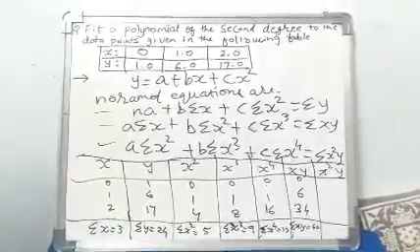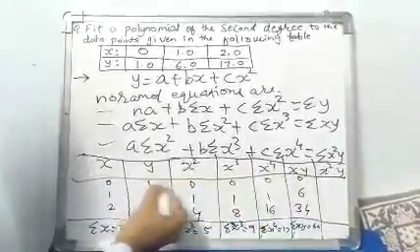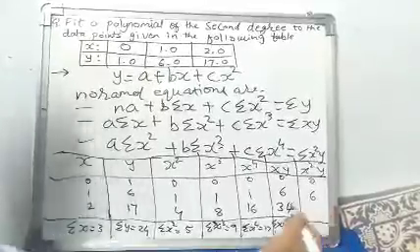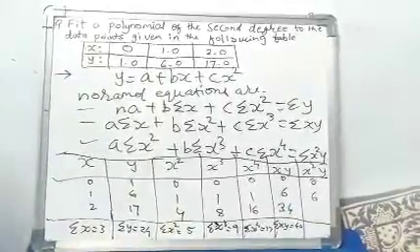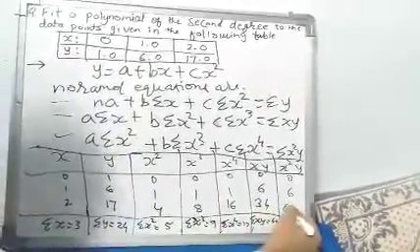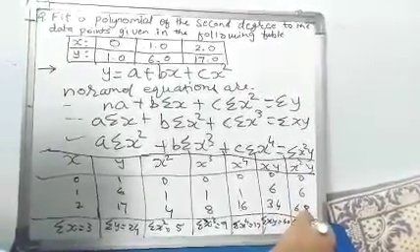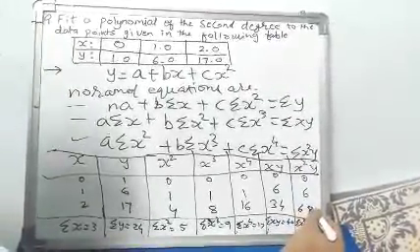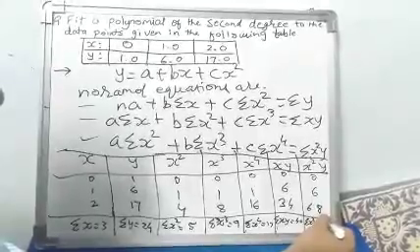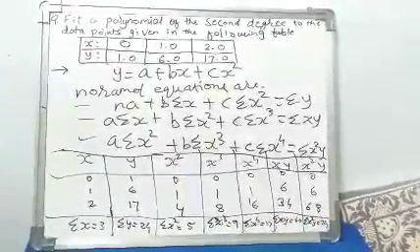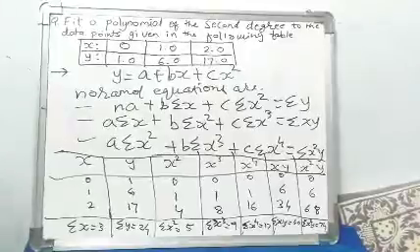So x square y is 0, 6, and 17 into 4 is 68. So summation of x square y is equal to 74. We have all the values.